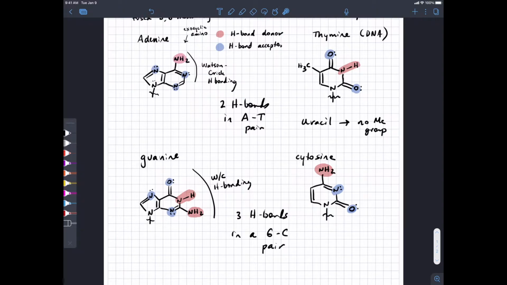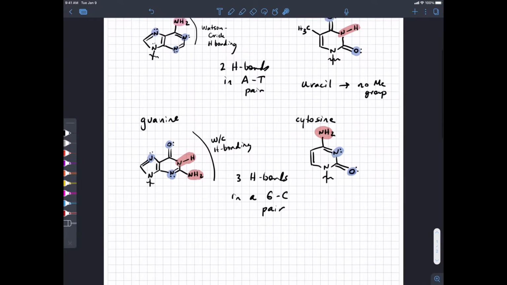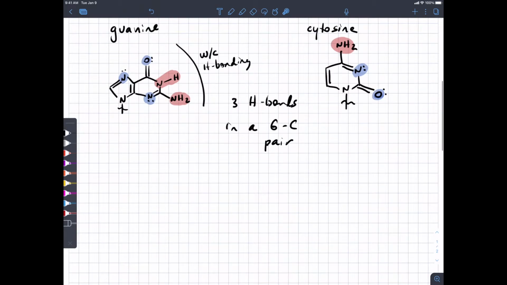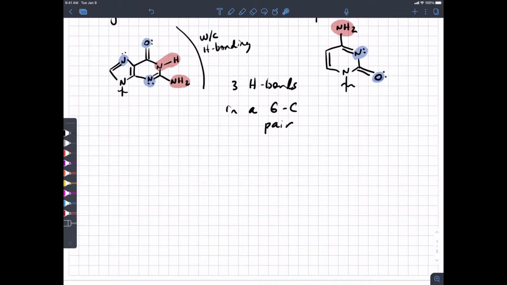All right, so that's each of the bases. Now let's show how they hydrogen bond with each other in a DNA duplex. We still haven't talked about what the sugar and the phosphate backbone look like, but that's okay.